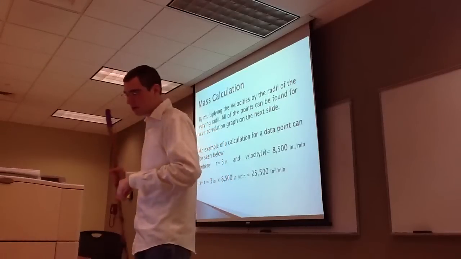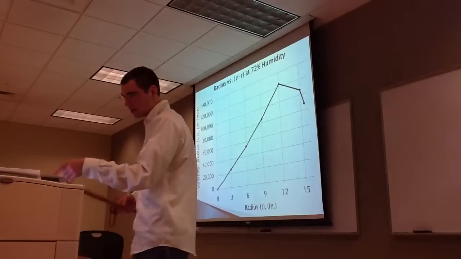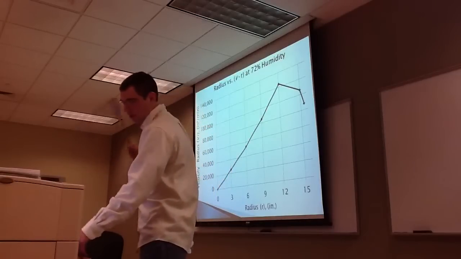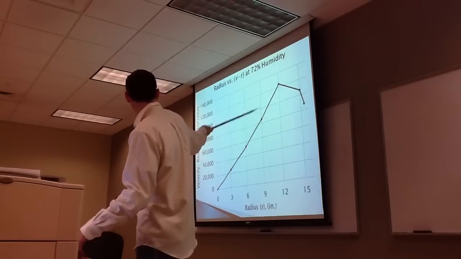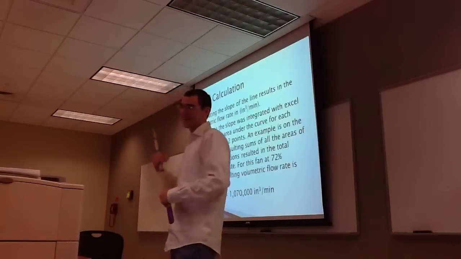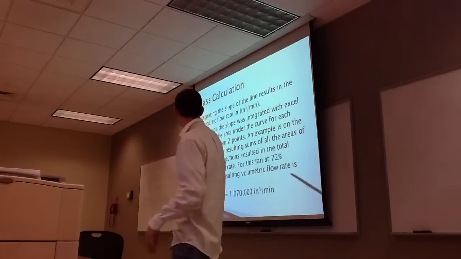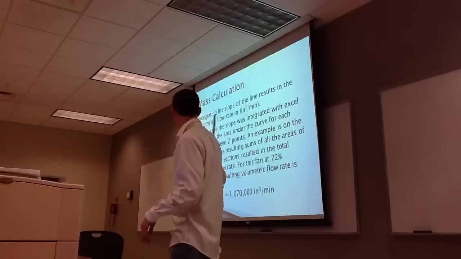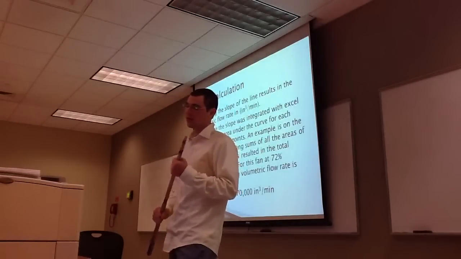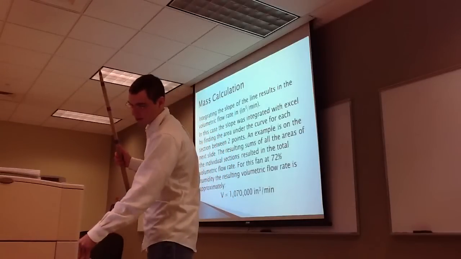And by doing this, for one reason or another, integrating that, that's the graph. As you can see, it goes up the farther the radius goes out. So then the mass calculation is you integrate this between each 2 points to get a volume, and the volume is based on speed, so then it is a volumetric flow rate, which I thought was interesting.